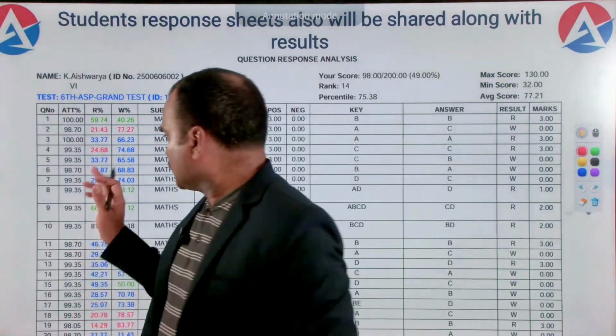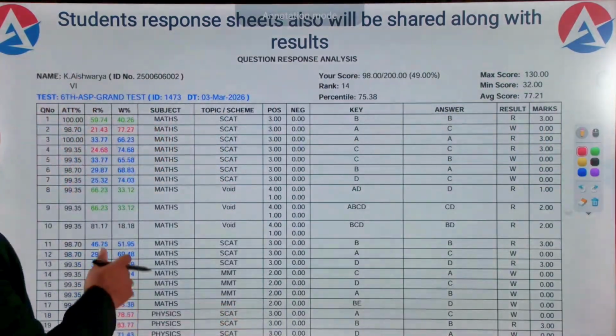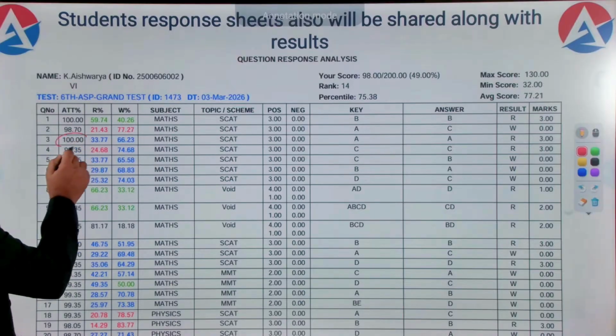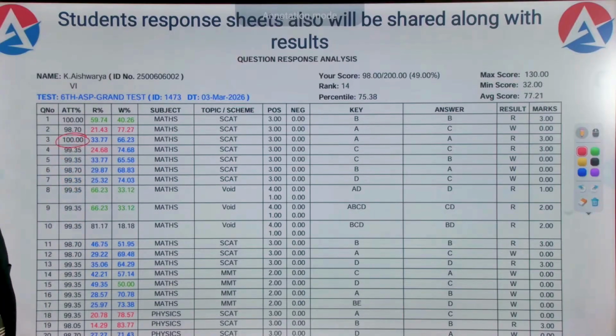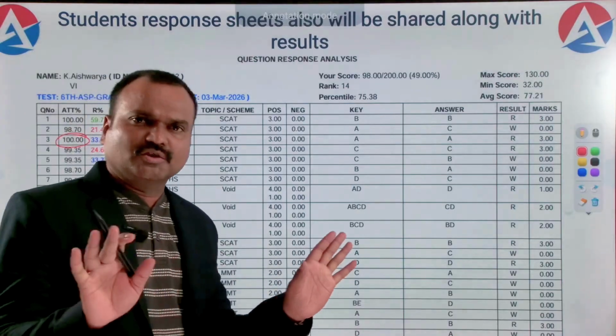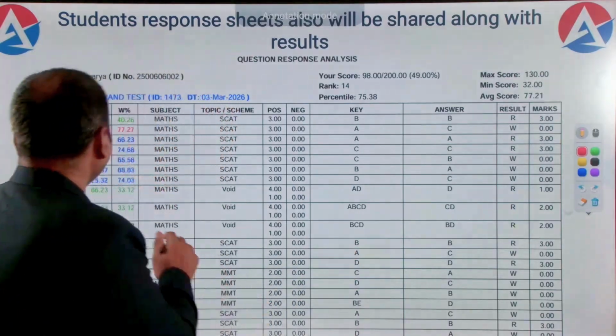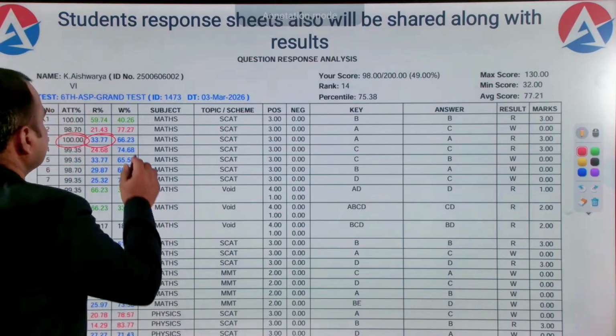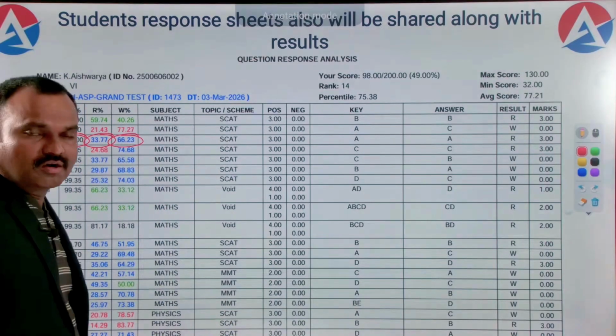Sorry for the delay. So let us see a particular question here. Around 100% of students have attempted this question, all the students from all the schools. But here only 33% of students made it right, and 66% made it wrong.